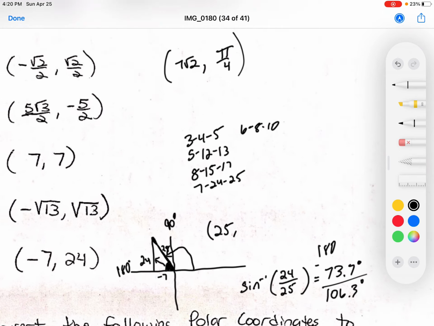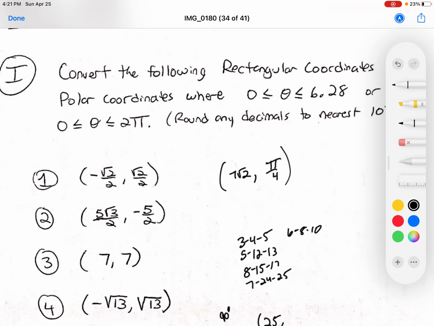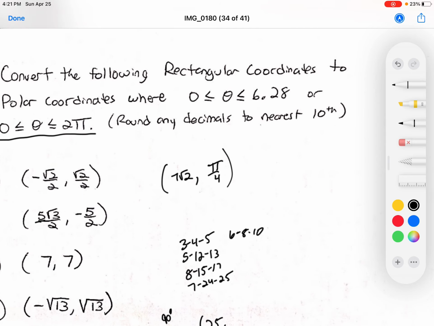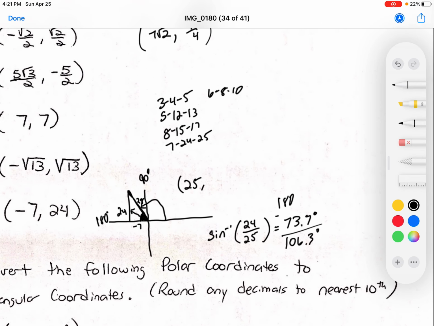Okay, but remember the directions want theta between 0 and 2 pi, or a decimal between 0 and 6.28. So to change a degree to a radian, all we're going to do is take the degree that we get times pi over 180. Well, let pi be 3.14. And simplify this, and then that's going to be my radian.